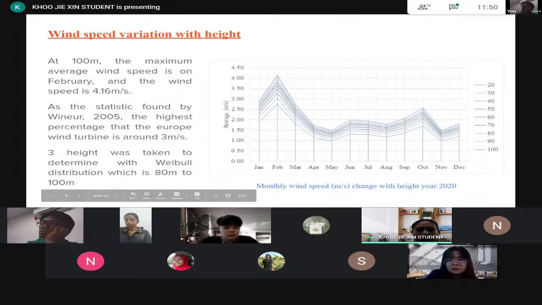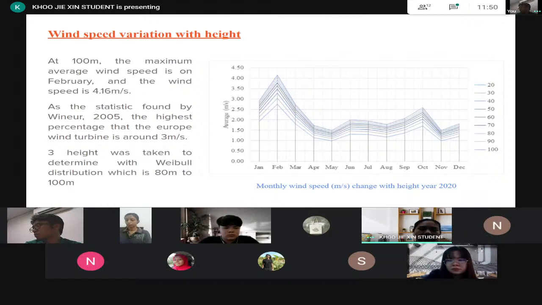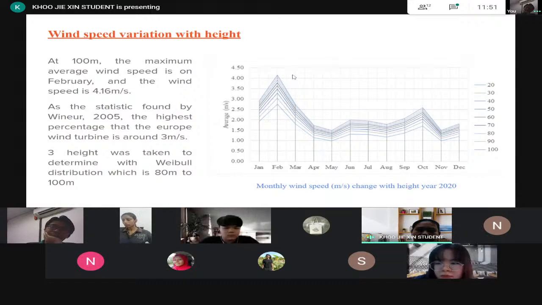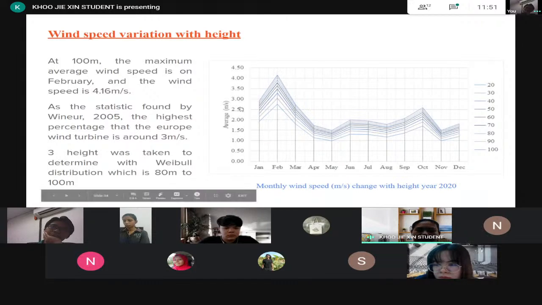So the initial elevation is 10 meter, and based on that I will add on 10 meter each time until 100 meter, which you can see from the graph, the graph will keep increasing until the 100 meter.